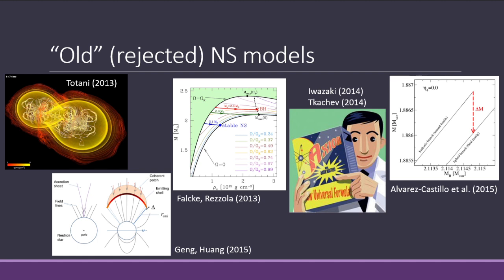And you can have a transition from normal matter made of protons and neutrons to quark matter. And this process is called deconfinement. It can happen spontaneously. There are models of this type. And it was suggested by David Alvarez-Castillo and his collaborators that this can result in a fast radio burst.